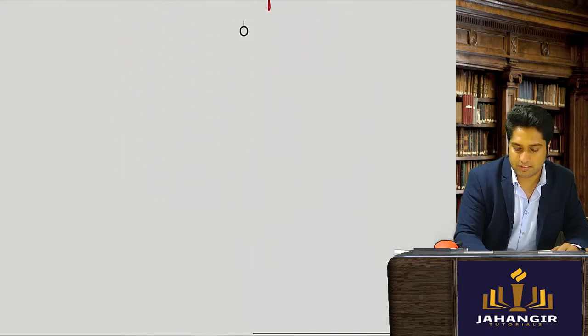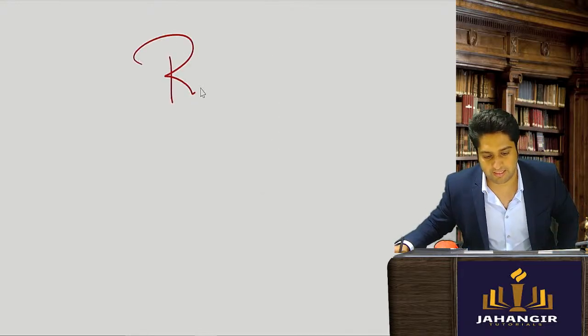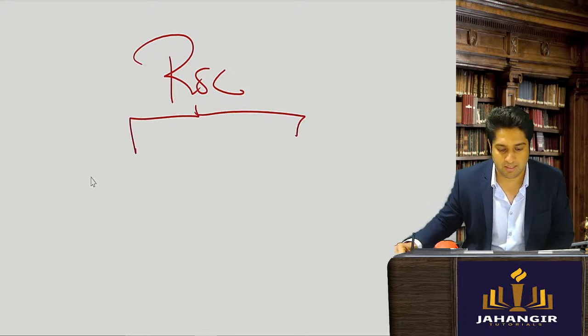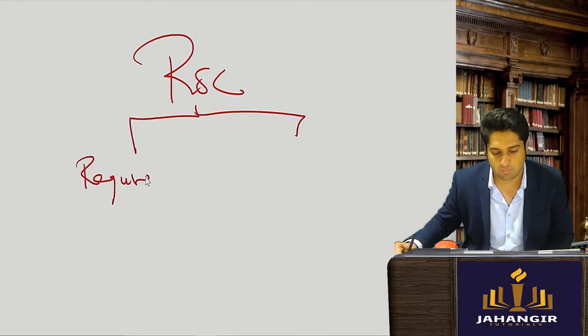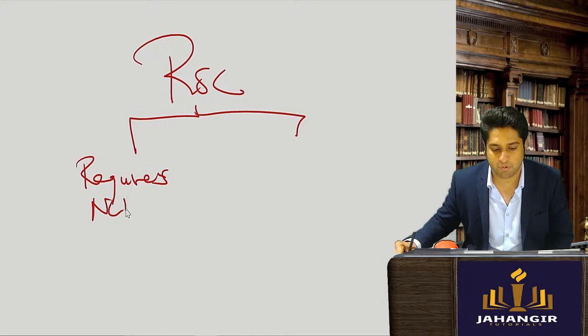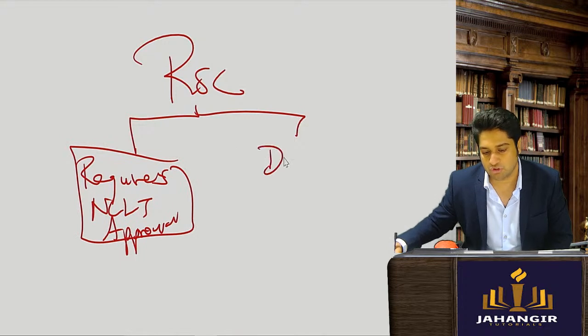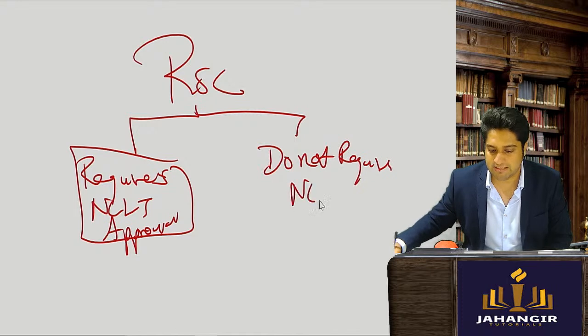First, reduction of share capital could be of 2 kinds. One is which requires NCLT approval, National Company Law Tribunal approval, and the other one does not require NCLT approval. Clear till here?